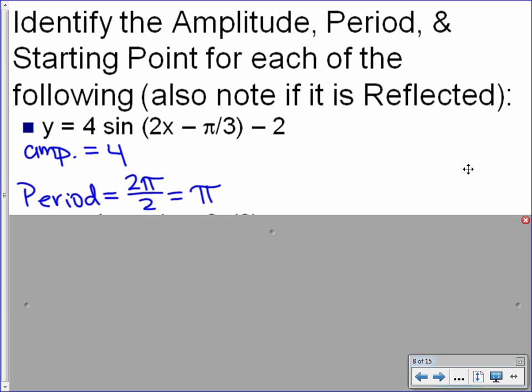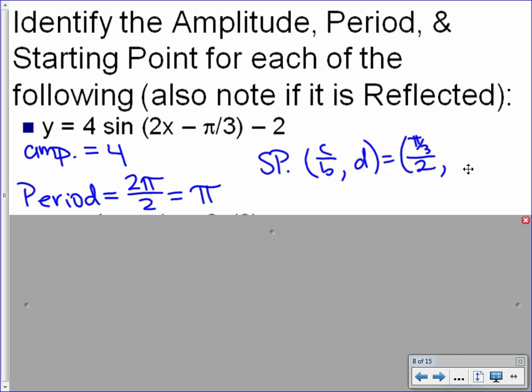And then our starting point is c over b comma d. What is our c value? Pi over 3. Since it's minus pi over 3, c is positive, divided by our b value, which is 2.